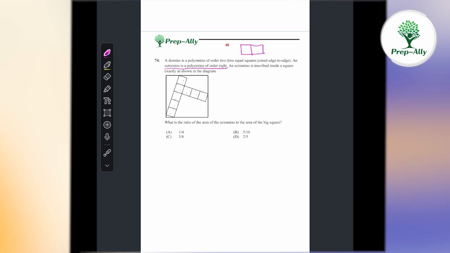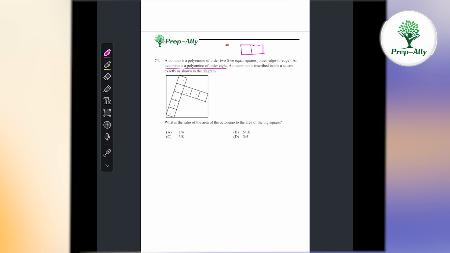And what are we asked? We're asked what is the ratio of the area of the octomino, that is this area, and its ratio to the area of the bigger square, that is to this whole area, right? So what do we do?